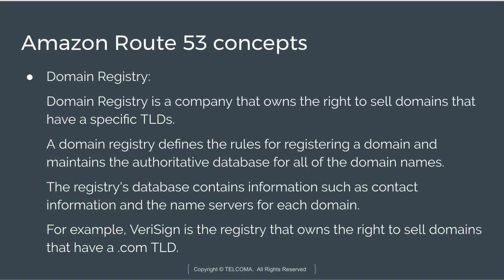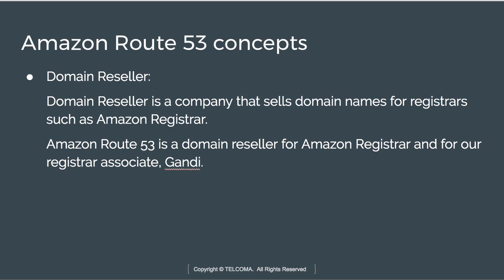A registry database contains information such as contact information. For example, VeriSign is a registry that owns the right to sell domains that have the common .com TLD. Then we have the domain reseller. It is a company that sells domain names for registrars such as Amazon Registrar. Amazon Route 53 is a domain reseller for Amazon Registrar and our registrar associate.